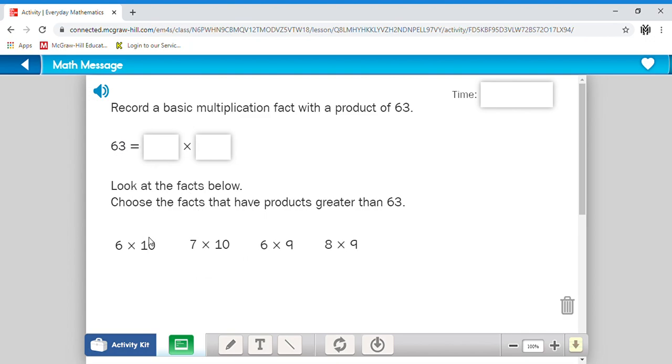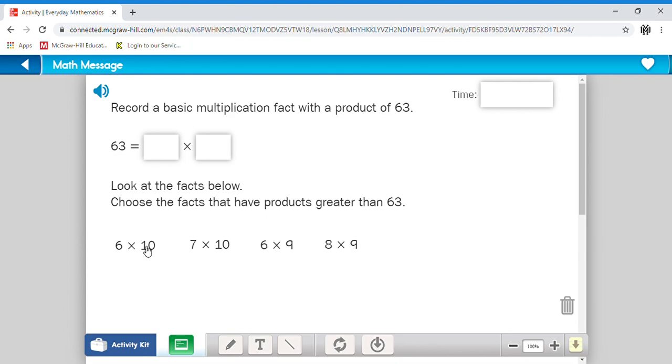Then, a suggestion for down here, it's saying choose the facts that have products greater than 63. What I would suggest would be solve all 4 of your problems, write the product underneath, and then we can together decide which of these has a product greater than 63. So pause the video so you can solve these, and then we'll check out our answer.